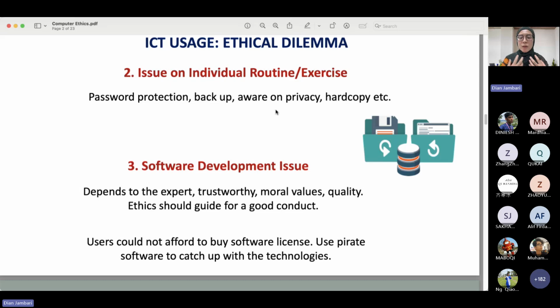So they feel that because I'm the expert, I can tell them, without considering how the value will be to the user or the stakeholders, right? So that can create an ethical dilemma. Yes, you are the expert.